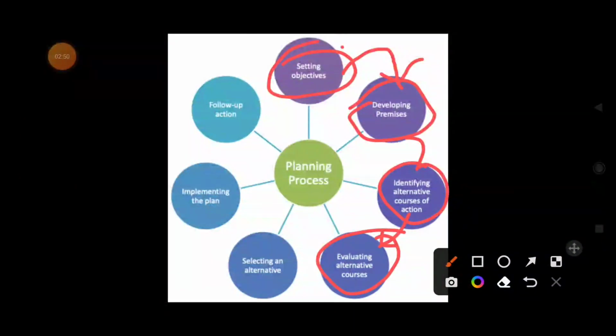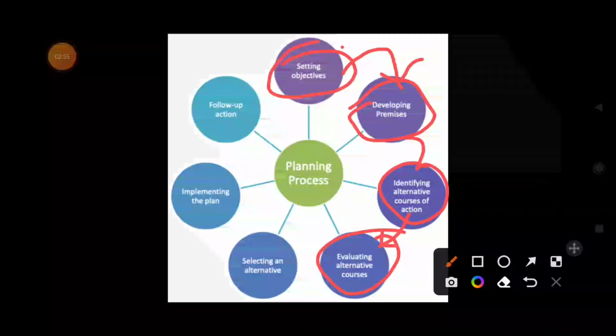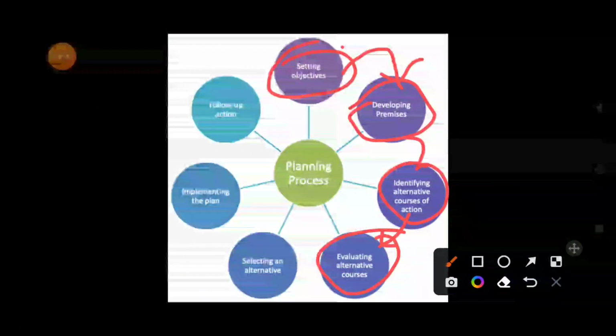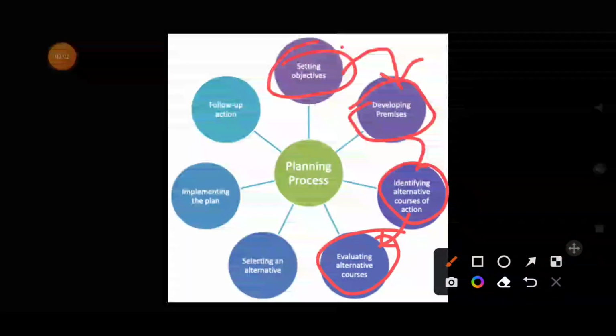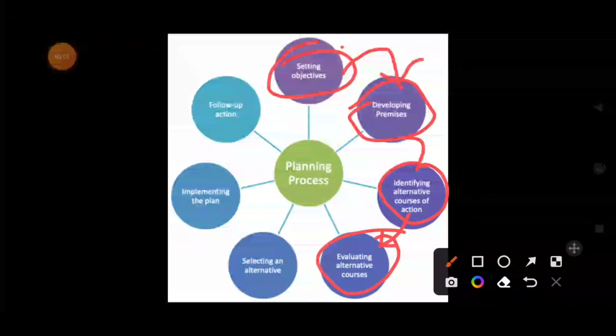So which method will be better? Suppose to increase the production, you can increase the labor, or you can go for new machinery and increase the production by installing new machinery. So which option is better? Like that, similarly many other things will be there.